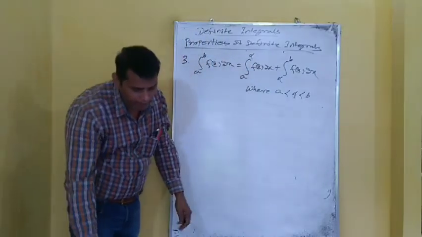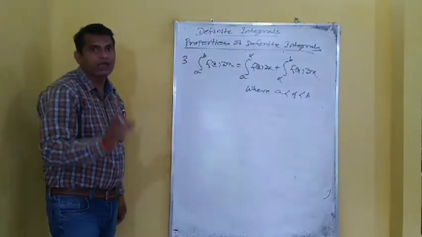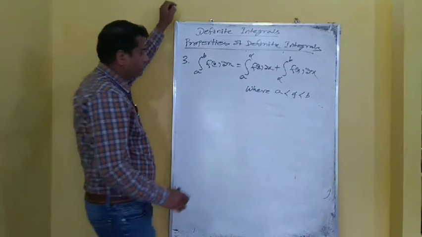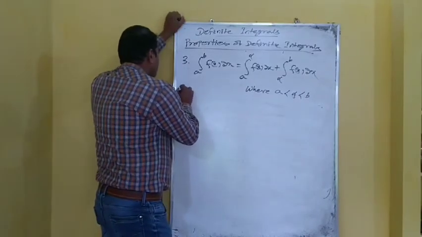That means alpha is a point in between the interval a and b. Now prove it.